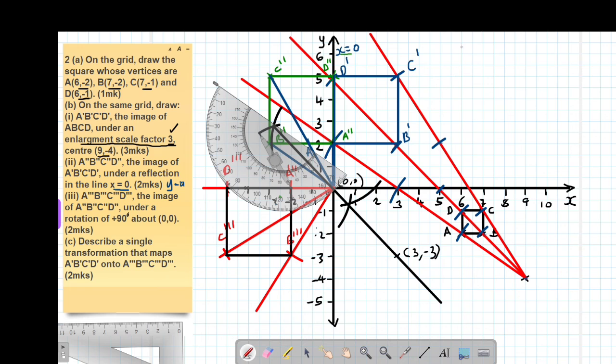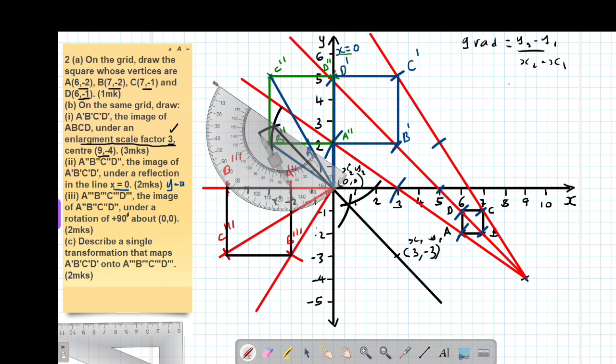So I'm having 2 coordinates, so I need to find the gradient. So the gradient will be, this will be my x, then this is y, then 0, 0, this is x, this is also y. So of course gradient you need y2 minus y1, then you divide with x2 minus x1. So if I let this to be x1, y1, then this will be x2, y2.